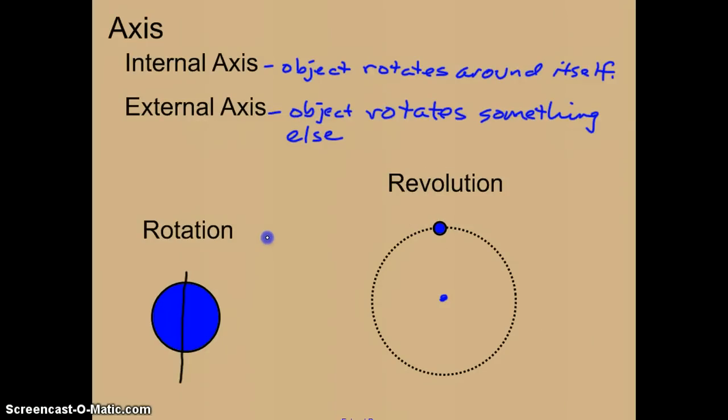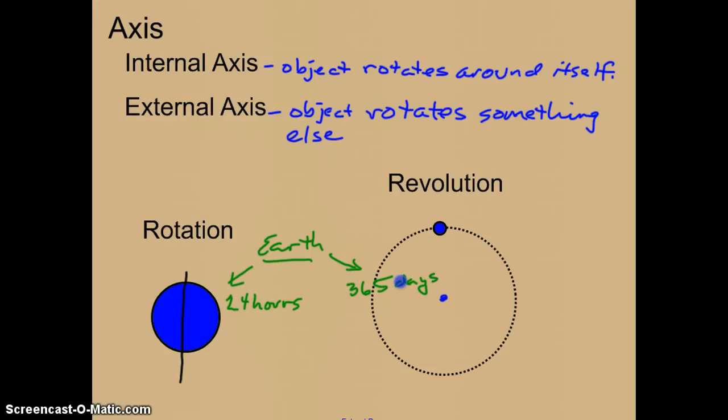So let's use an example of the Earth, because the Earth does both rotation and revolution. How does it rotate? It rotates once every 24 hours. As this thing spins on its axis, if this were the Earth, it would take 24 hours to go around one time. That is rotation. It revolves once every 365 days.